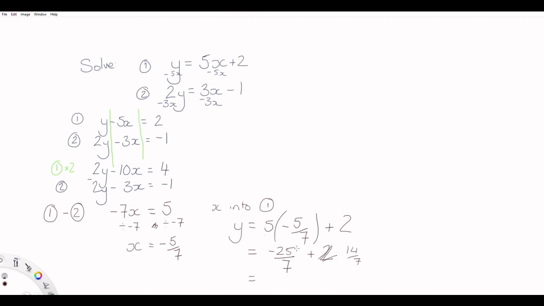So we can add them together. So minus 25 plus 14, that leaves us with minus 11 over 7. And therefore that gives us our answer. X equals minus 5 over 7. Y equals minus 11 over 7.